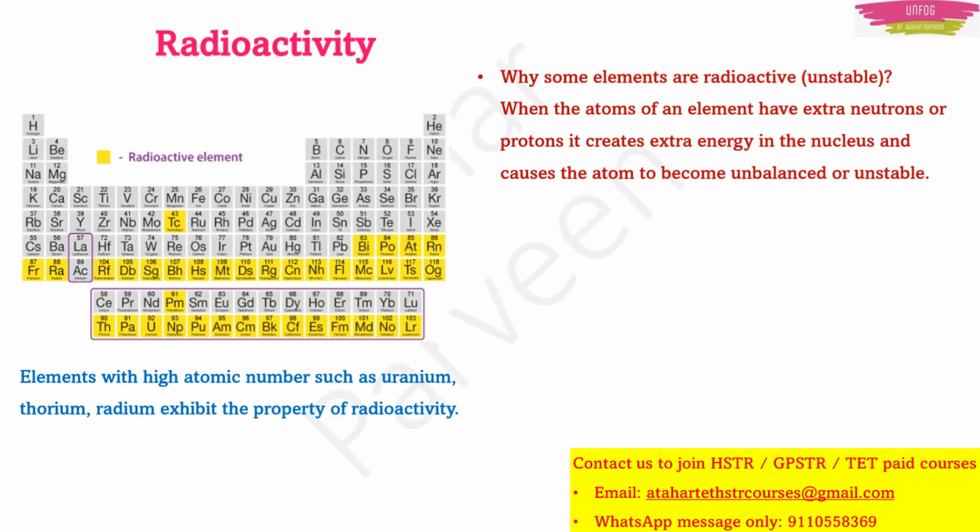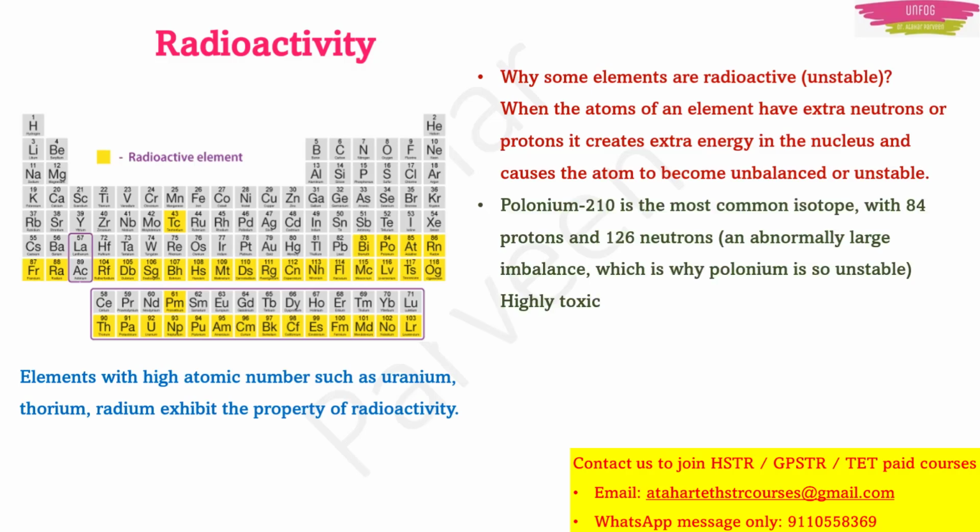Now I told you that polonium is the most radioactive element, means it is most unstable. Its most common isotope is actually polonium 210, with just 84 protons but 126 neutrons. This is abnormally large, right? There is so much imbalance.